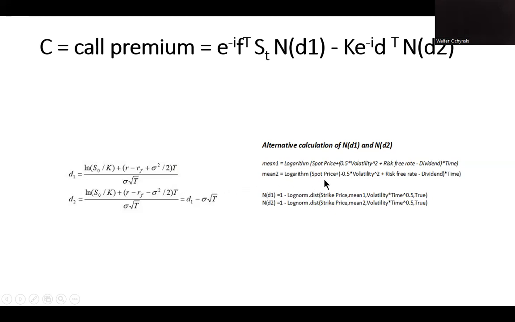But just to prove the case that we are talking about the same stuff. And then in order to find Nd1, I take the formula 1 minus the log normal distribution function from Excel, where I have to enter the strike price, mean, already defined, volatility, and since I want to have this as the cumulative calculation, I have to say true.